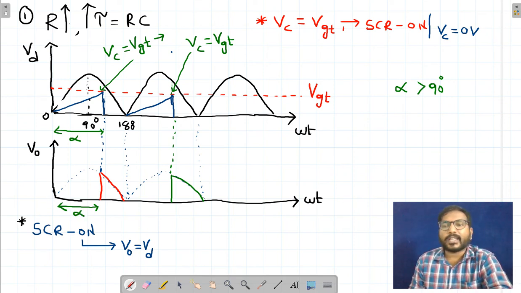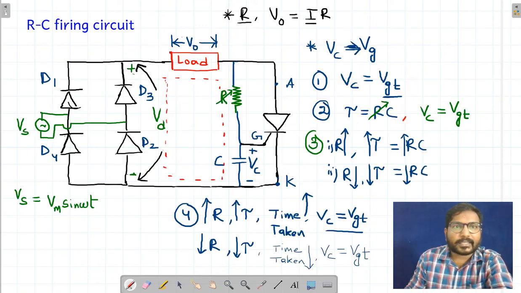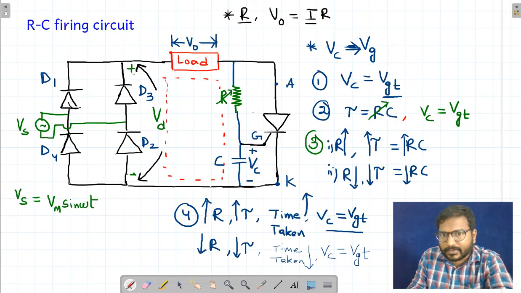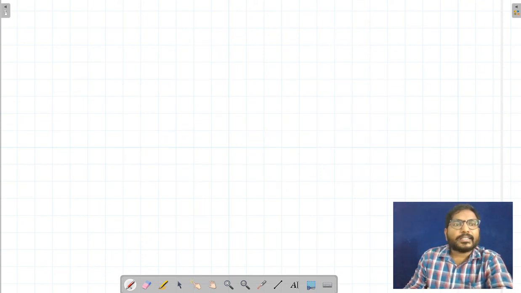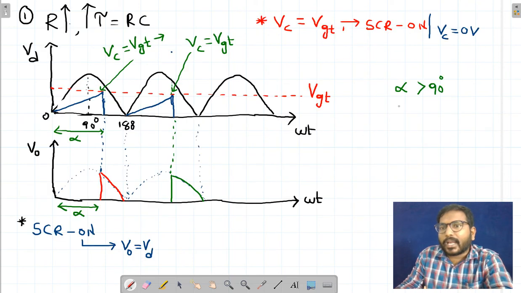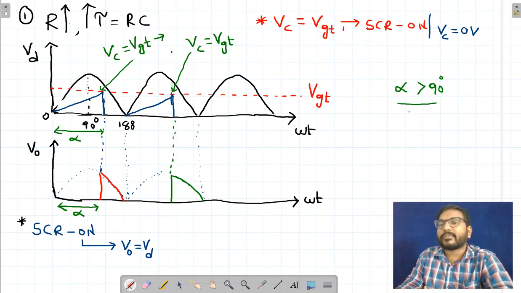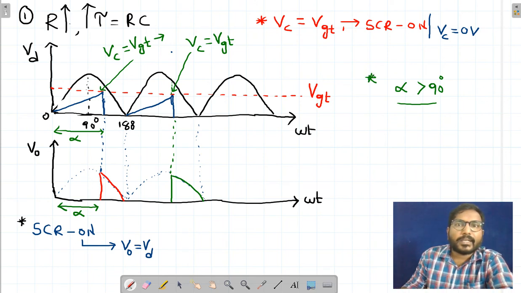After this much delay the SCR is triggered, which means conduction happens and current passes through the load, because the load is connected in series with the SCR. In this case the SCR is triggered at an instant where alpha is greater than 90. Very important conclusion point.